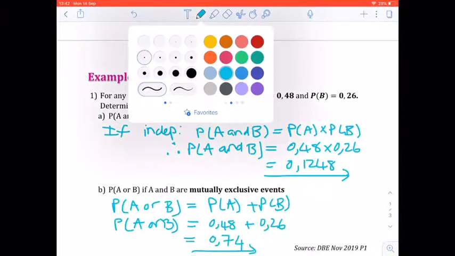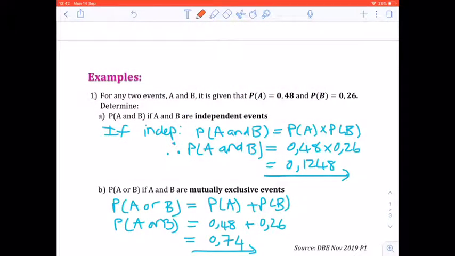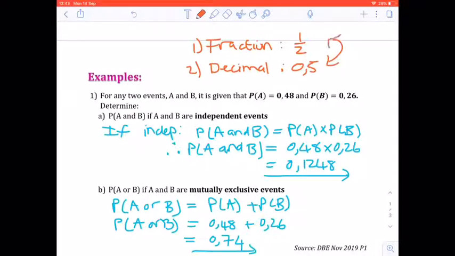Just as a note, probability can be written in two forms. You can write probability as a fraction, such as a half, so the chances are 50-50, or you can write it as a decimal. Both forms are acceptable, such as 0.5. So these two things mean the same.